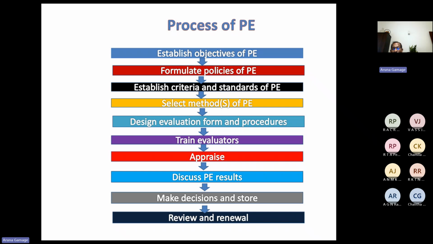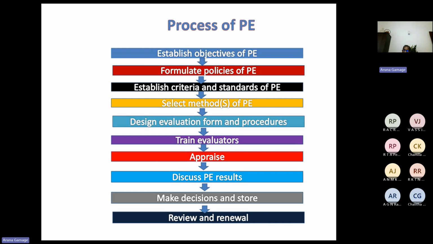This is the time performance is evaluated. Up to the seventh, it is preparing. Then discuss performance evaluation results, ninth, make decisions, and the tenth step is final review and renewal. So these are the 10 steps, and we are going to discuss them one by one. Then you will be able to understand how performance evaluation takes place, what should be done, and how it is done.